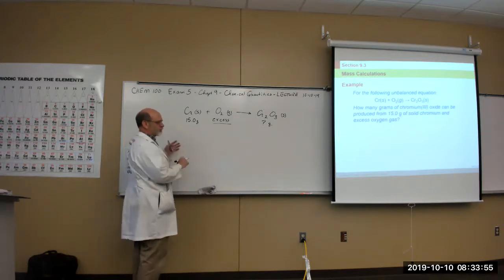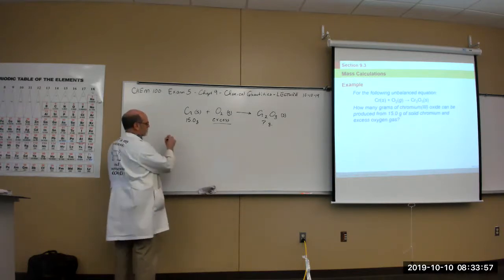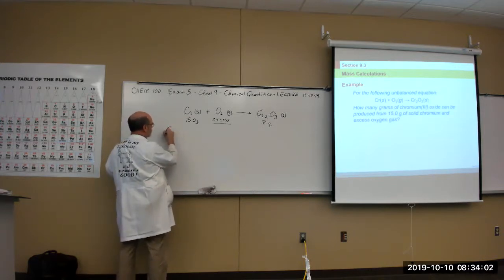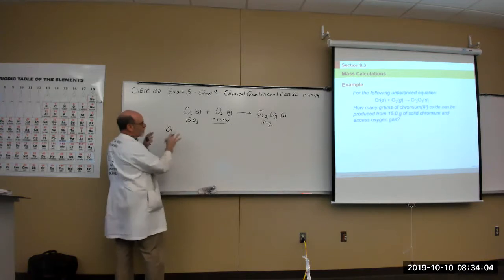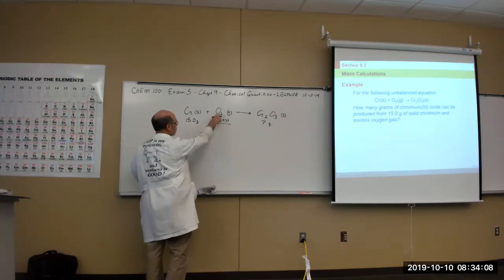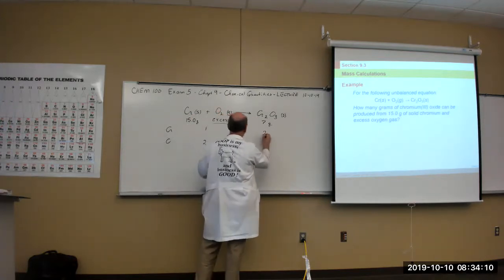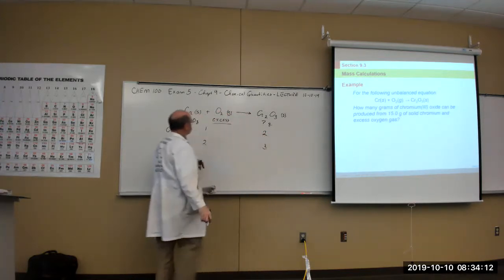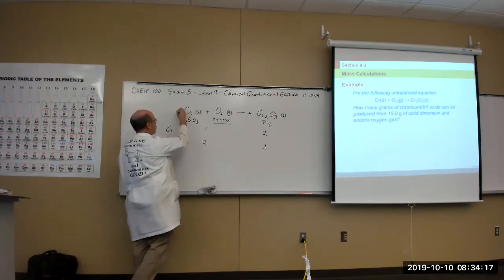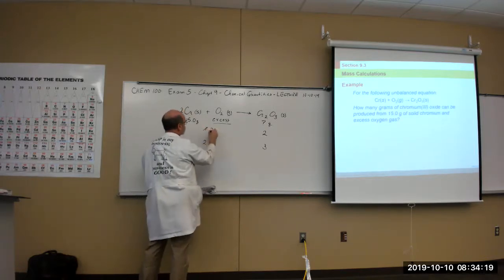Okay, so let's do it. Let's use our technique, right? I can do it in my head, but then I might be racing ahead of you. So chromium and oxygen are the only two elements we need to be concerned with. You've got 1 here, 2 there. You've got 2 here and 3 there. So let's start with chromium. We need 2 chromiums. Okay, so that's 2.